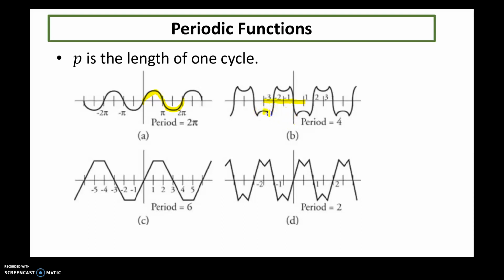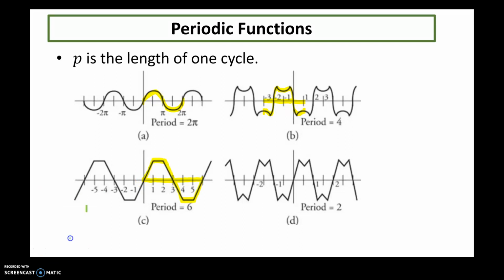So here at -3, when I trace that period of 4 units, there I am at that middle of the little maximum there, that local maximum. Period of 6. Okay, 1, 2, 3, 4, 5, 6. Is this the exact same cycle if I go any 6 units?